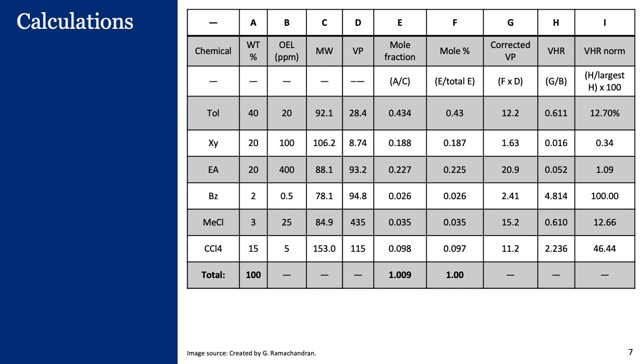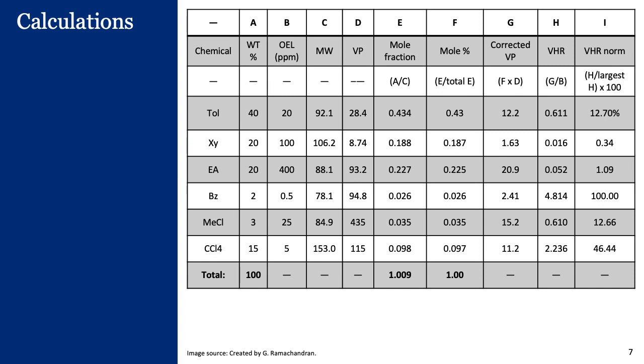So the first four columns, A, B, C, and D, are from the previous slide. And then in column E, we can calculate the mole fraction of each component in our mixture.